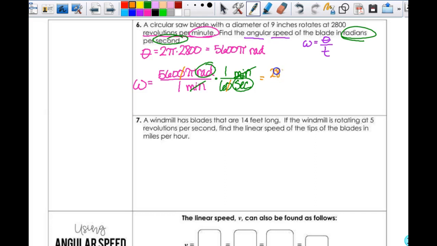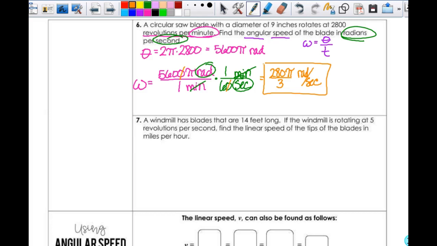So I get 280 pi in the numerator divided by, and then since I divided this by 2, I can divide this by 2 and get 3. Can I divide 280 by 3? No, 2 plus 8 is 10, so I'm stuck. So that's it, and that is then radians per second. Okay, everybody get that? Yes?